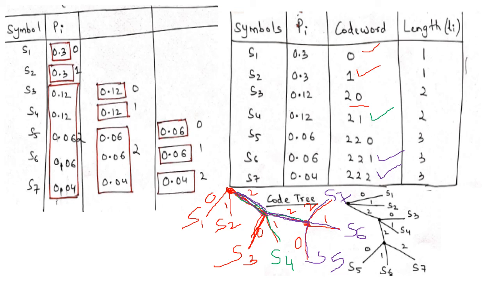If it is ternary, we'll have three subgroups, first group assigned with 0, second group assigned with 1, third group assigned with 2. If it is quaternary, we'll have four groups with the group probabilities approximately equal, and the first group will be assigned with 0, second group with 1, third group with 2, and the fourth group with 3. And this subgrouping is done till no further subdivision is possible.